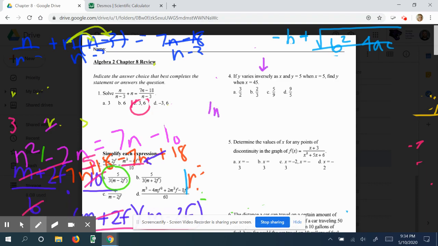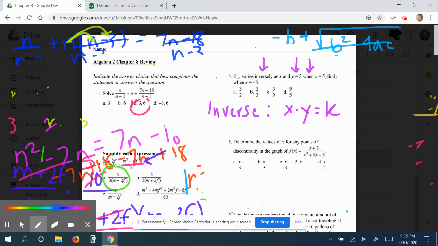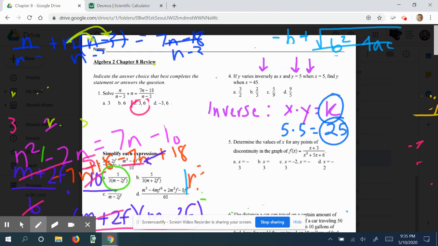Inverse is going to look like this: x times y equals k. First they say when x is 5, y is 5. So if I know both of those, I'm going to say 5 times 5 equals 25. So I know that k is going to be 25.